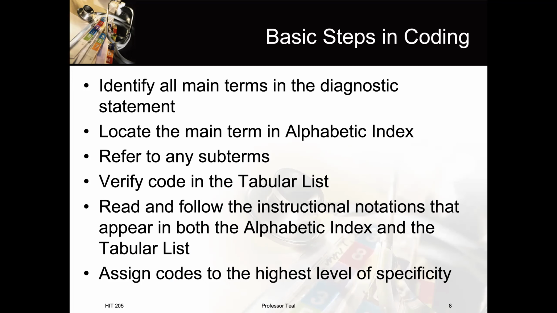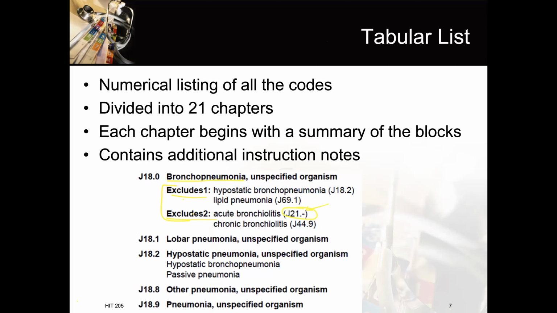A code is invalid if it's not coded to the full number of characters required for that code. And then you continue coding the diagnostic statement until all the component elements are fully identified according to what was documented in the health record.